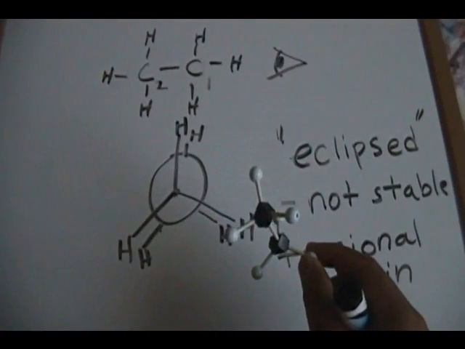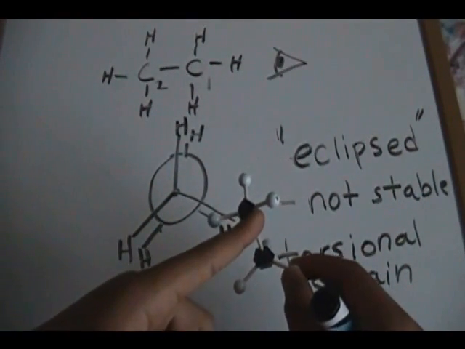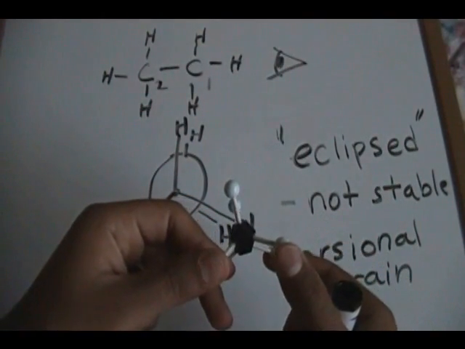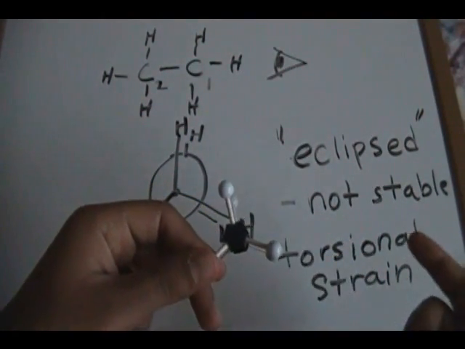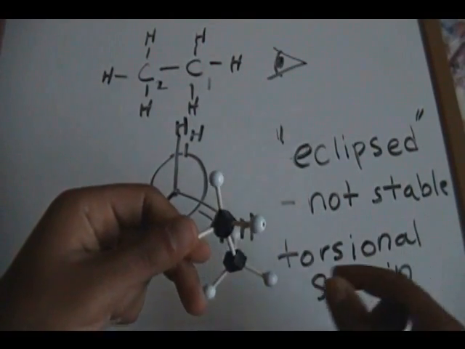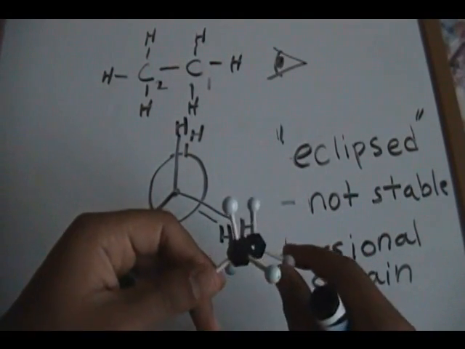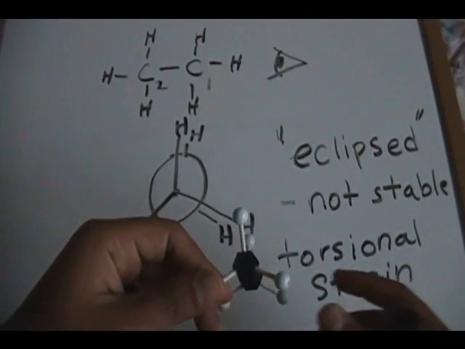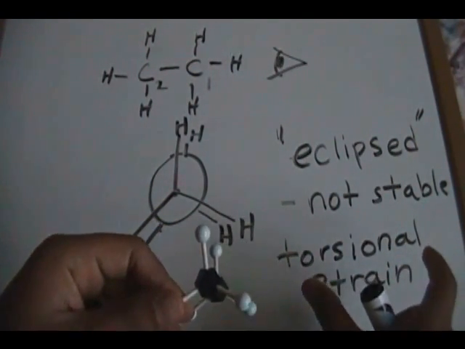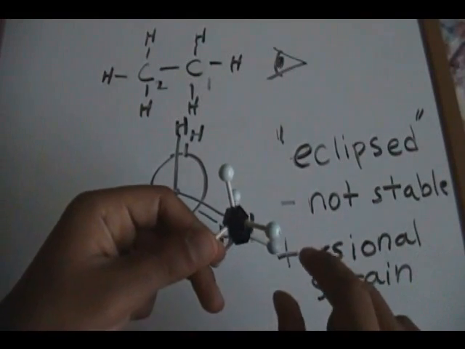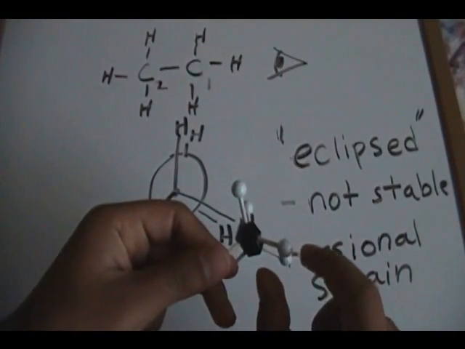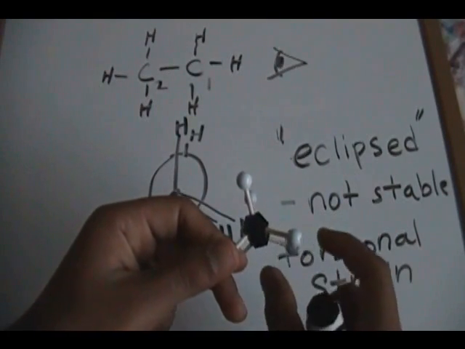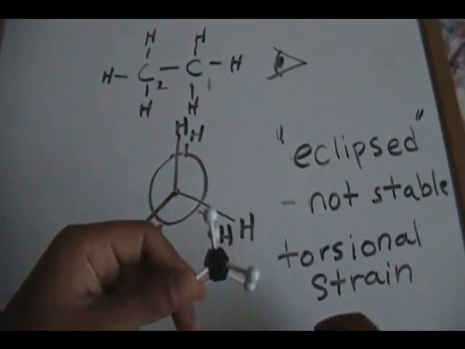And again, these bonds are made up of electrons, right? So when they're right up on top of each other, like charges like to repel each other, right? So when you're forcing them to be in this eclipse position, you're building up a potential energy, this strain, and that is what torsional strain is. It is basically one bond eclipsing another bond. So you're forcing the electrons to be in a position that they're not really comfortable being in.